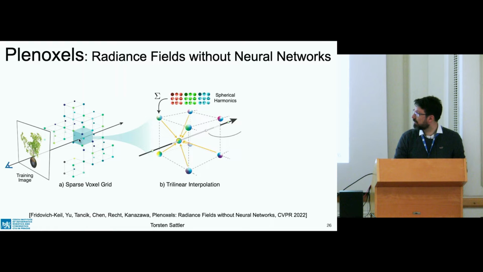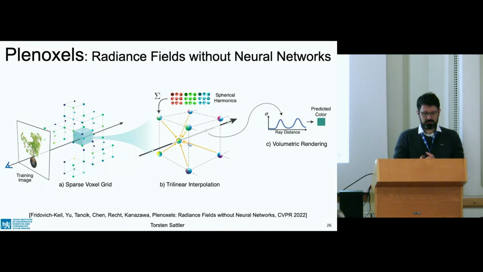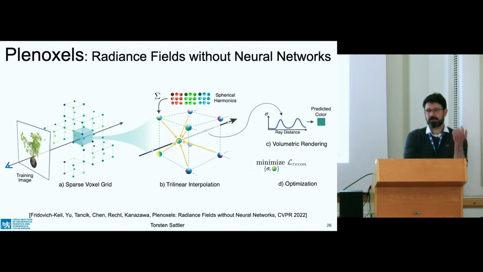If you want to evaluate some 3D point along the ray that falls into a voxel, you compute the corresponding spherical harmonics coefficient by a trilinear interpolation of the coefficients that you store at the corners, where the interpolation is done based on the spatial position of that point in the voxel. So that gives you some color, that gives you volume density. You can do volumetric rendering, and you can optimize essentially the same reconstruction loss that we had before.